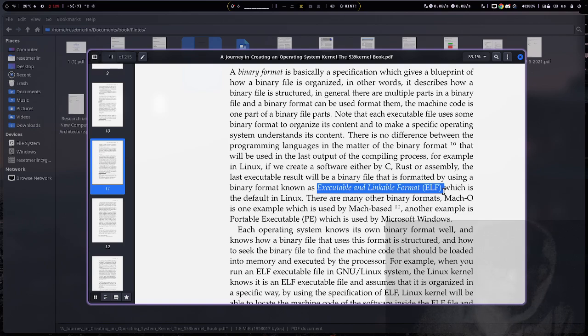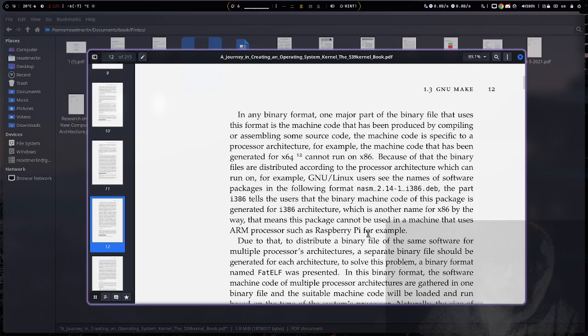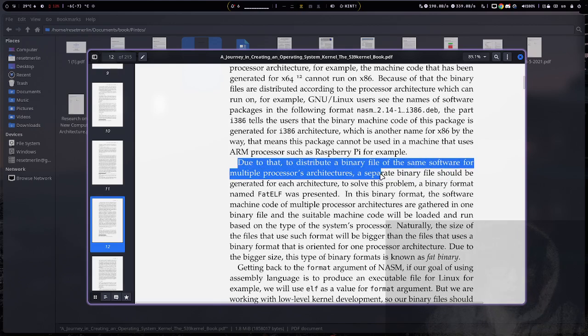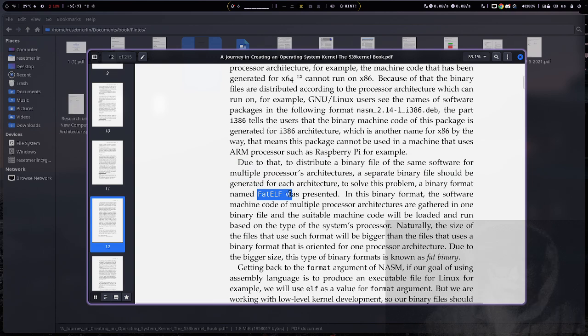And also, my question while reading this was, what is fat? What is fat right here? Yeah, here. There's a hard concept, fat ELF. Fat ELF is a generic binary file based on the processor architecture, ARM or x86.